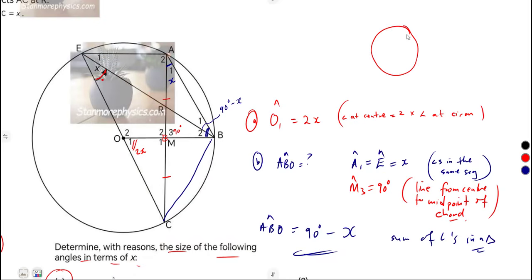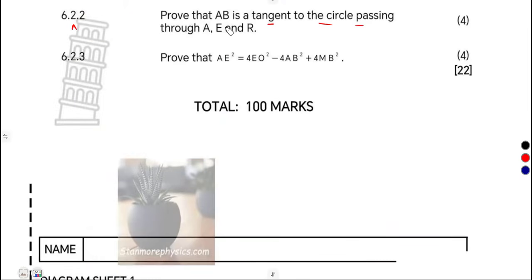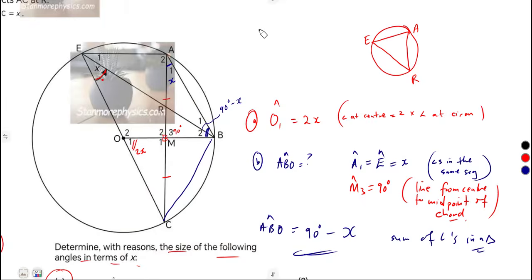This is our A, this is our E, and this is our R. Then we are supposed to prove that AB is a tangent. This is line AB, from A to B.